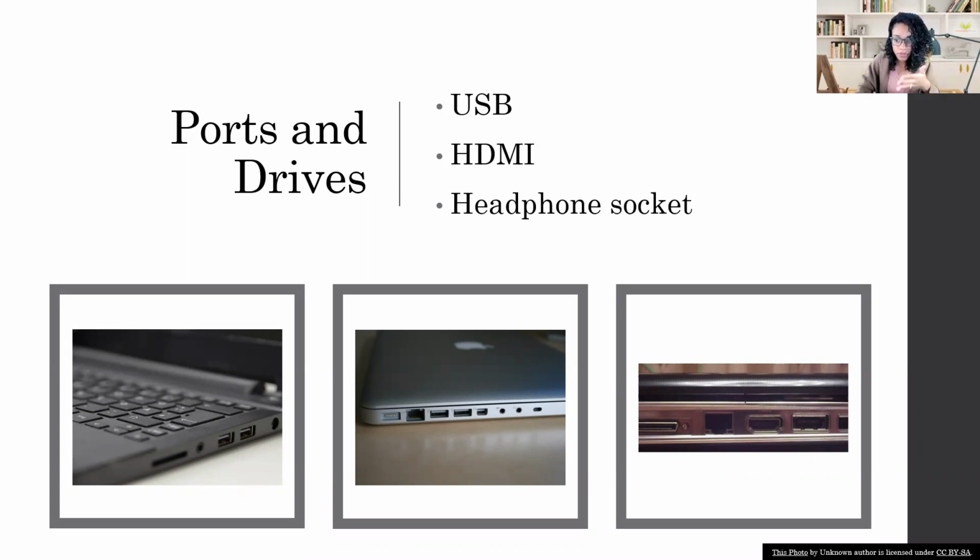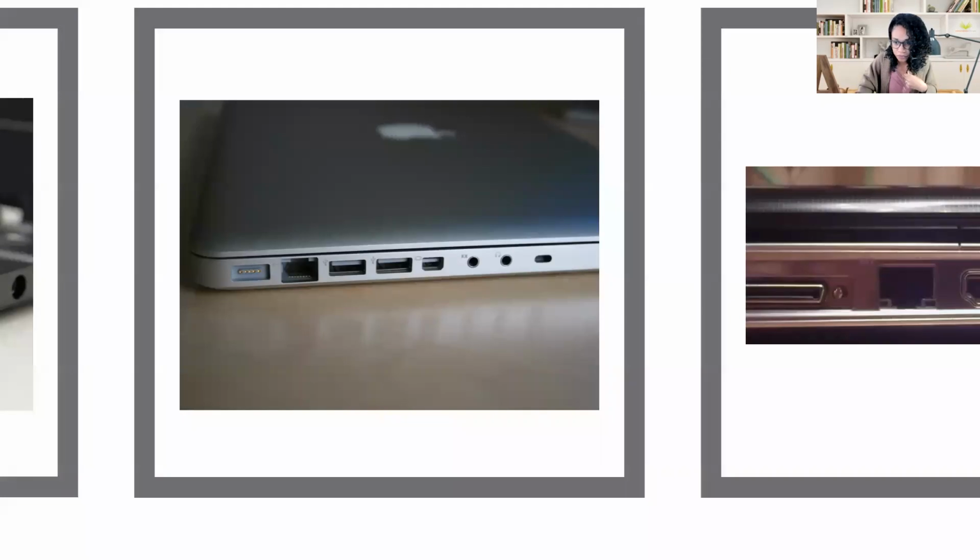The more you go up in laptop level, as I mentioned, the more ports and drives you may see. So let's zoom back into these pictures. You might see additional USB ports. So instead of only 1 USB port, you might have 3 or 4.